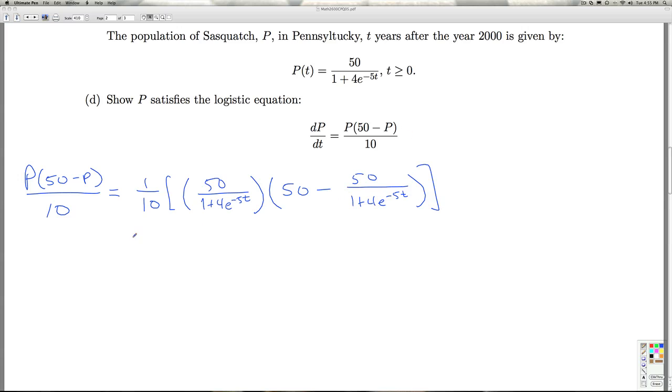Now I have to simplify that. The 1/10 I can cancel out, and I get a 5 over the denominator.